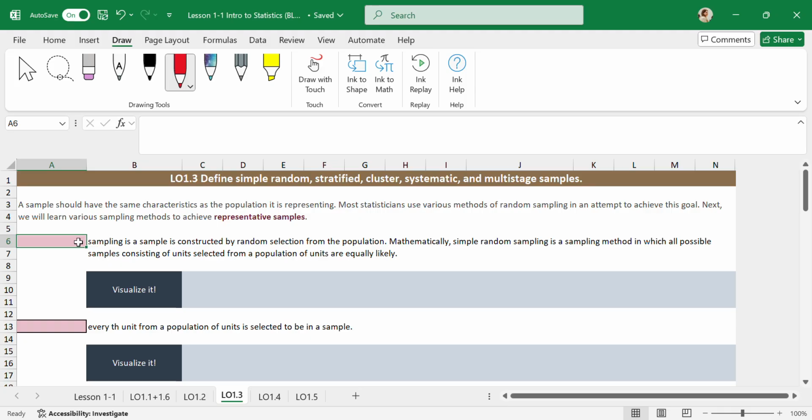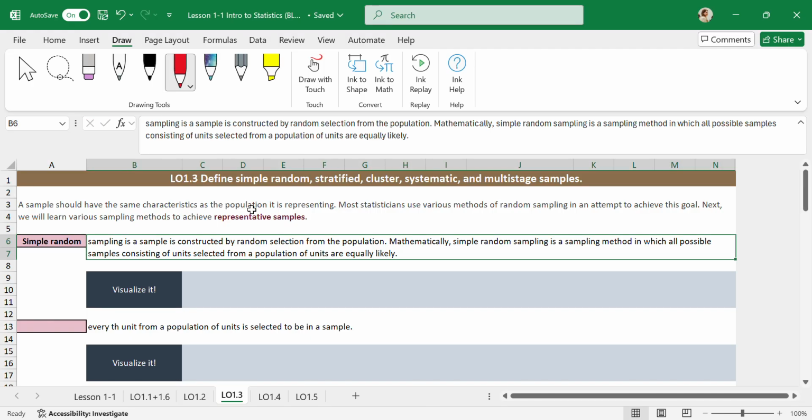The simplest way to ask the people to get a representative sample would be to use simple random sampling. Simple random sampling is where everybody has the same chance of being selected. That's like drawing from a hat. If you think of all these little people as being students at Cambrian College, simple random sampling would be you just randomly draw their names from a hat to select people to be in the sample.